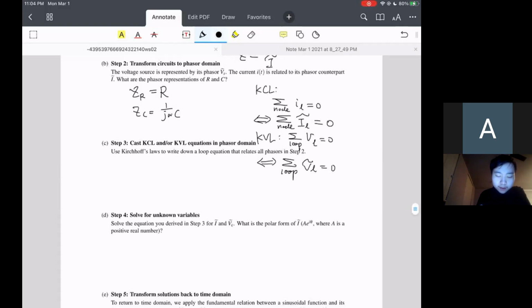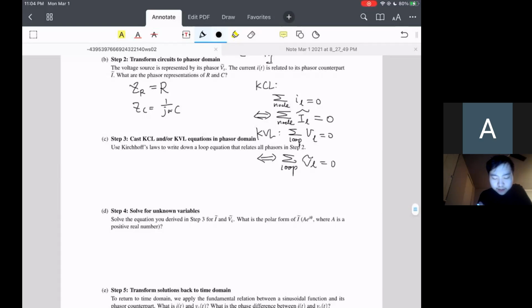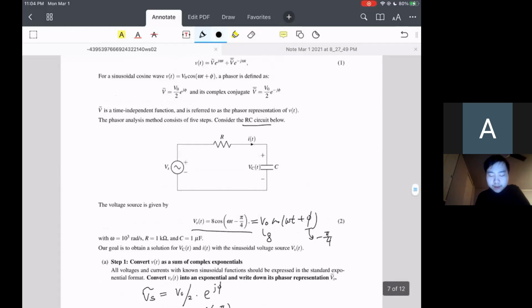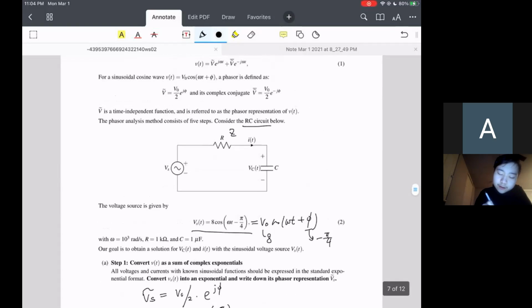So step 4, solve for unknown variables. We want to solve for I tilde and VC tilde. We should notice that we have ZR being equal to R, and the impedance of the capacitor, ZC, is equal to 1 over j omega C. Since we're in phasor domain, for all these components we have a constant impedance, meaning the ratio between the phasor voltage and the phasor current is always a constant.